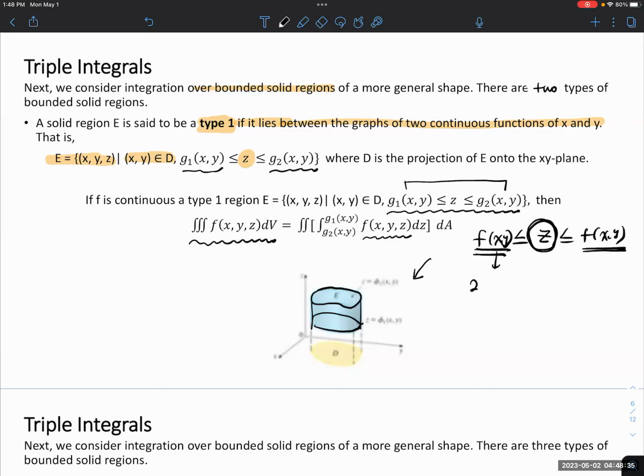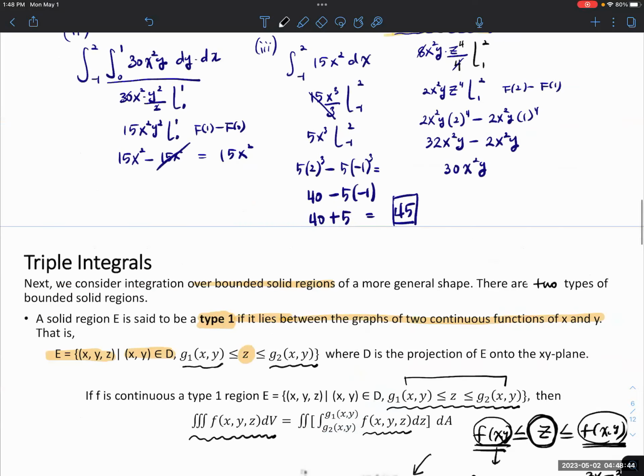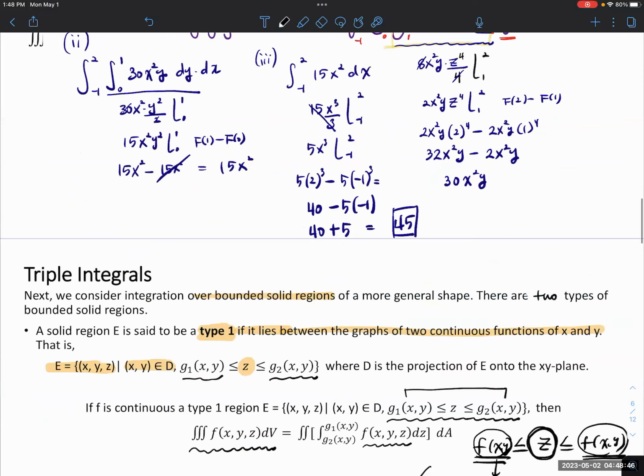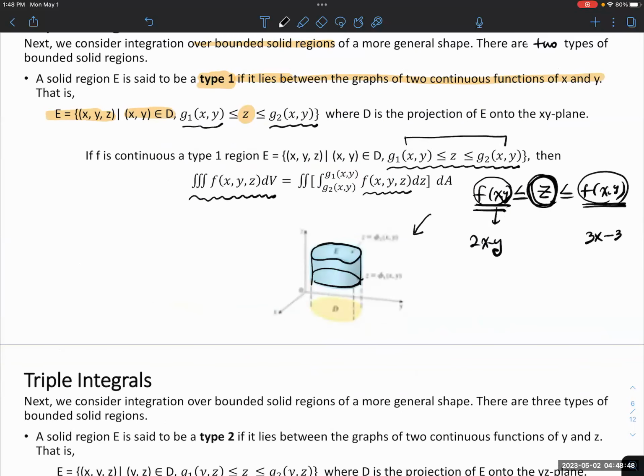Okay, it could be like 2x minus y, 3x minus 3. So sometimes it's not between simple numbers like 1 and 2. Sometimes the interval of z is given by a function with respect to the x and y variables. So that's what I'm saying.